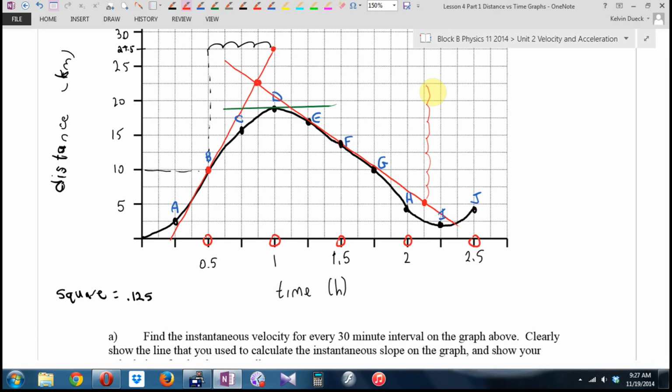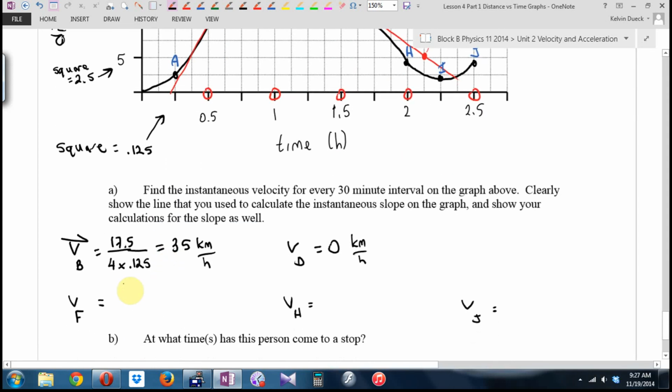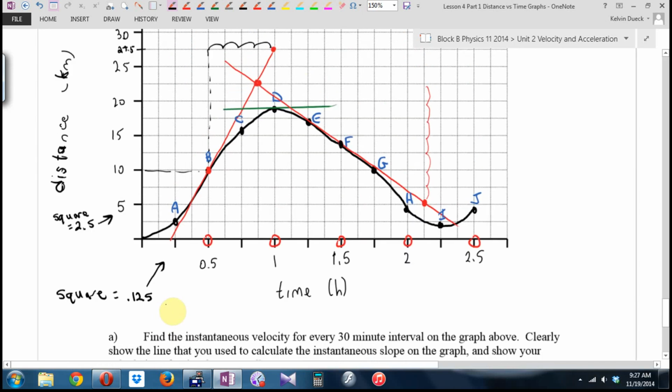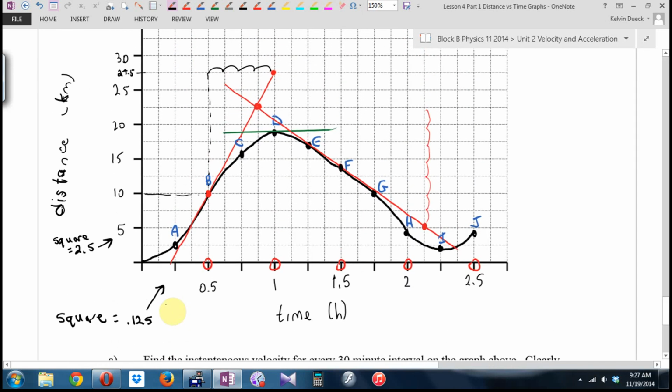Because every 2 squares is 5, so each square is worth vertically 2.5. So for me, I'm getting run: 1, 2, 3, 4, 5, 6, 7, 8, 9, 10. 10 squares for me.